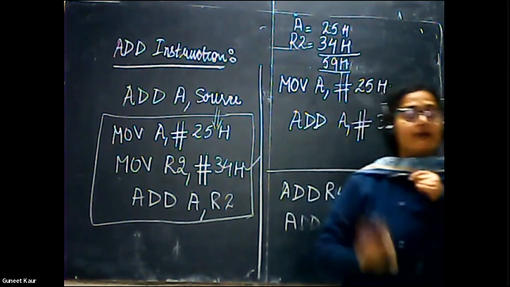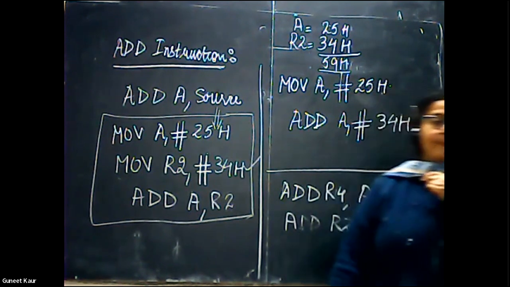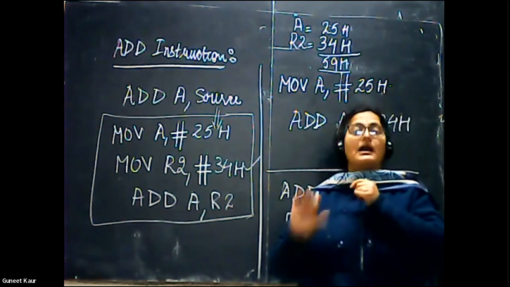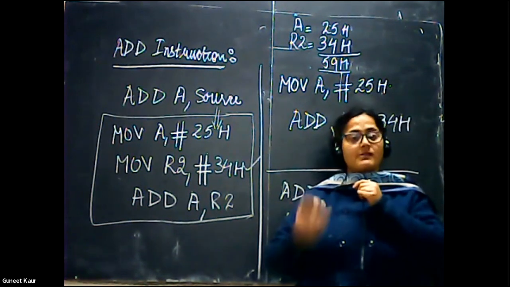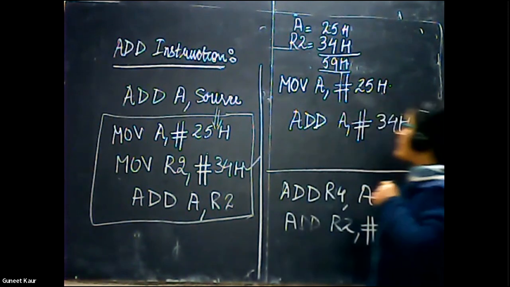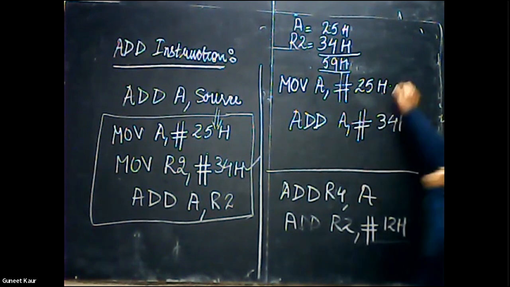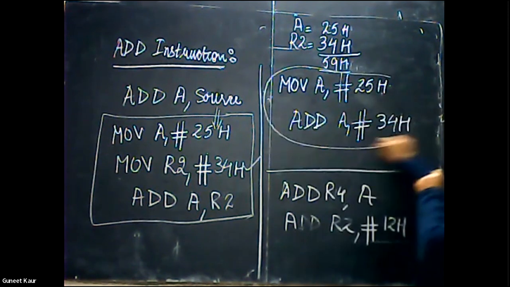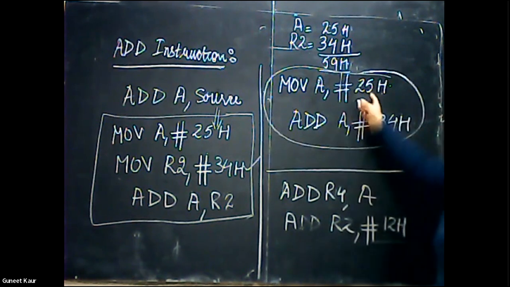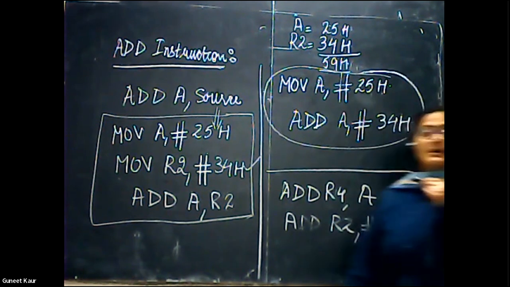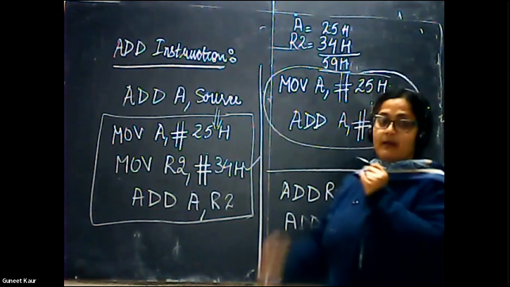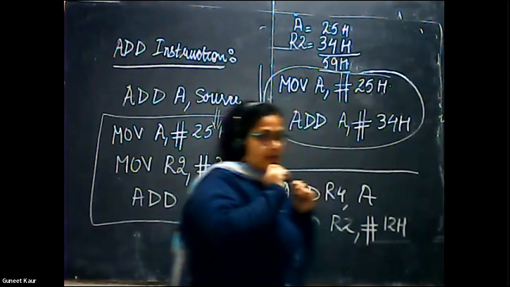Here I am using three commands, but this addition can be done with only two commands also. How is it possible? This is another method, which also performs addition but using only two commands.